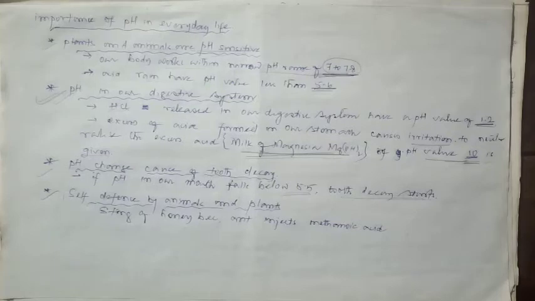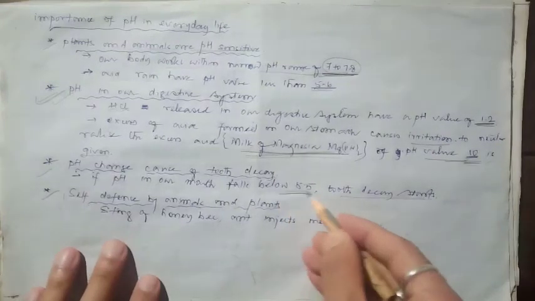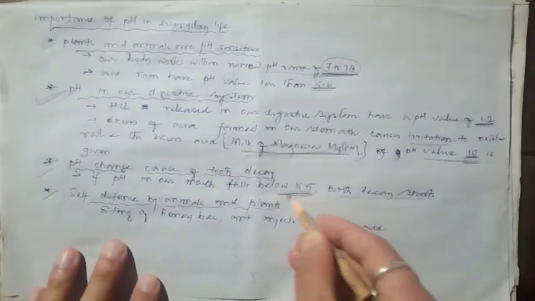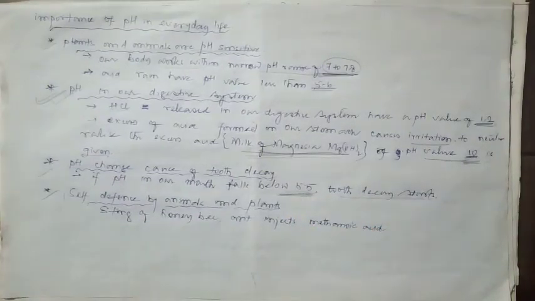If the pH value of the acid drops below 5.5, that dissolves the polish, the enamel of our teeth, and that's the beginning of tooth decay. So students, if the pH value in our mouth falls below 5.5, tooth decay begins.